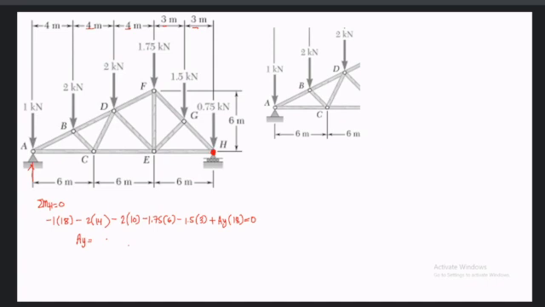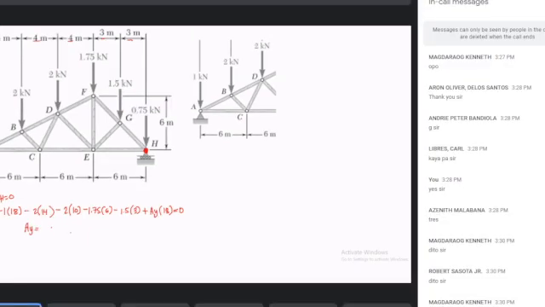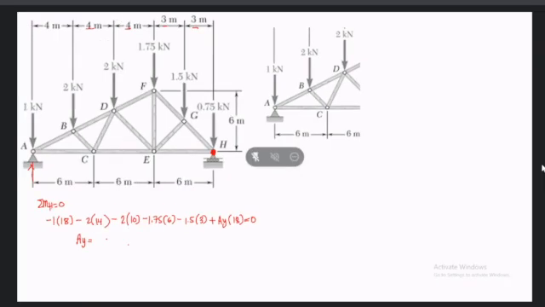So, what's your answer? Negative 1 times 18 minus 2 times 14 minus 2. So, hindi siya symmetrical, no? So, kailangan mo talaga mag-moment. Napaka-unusual naman ng mga nahanap kong example. So, this is 6.75. Correct me if I'm wrong.